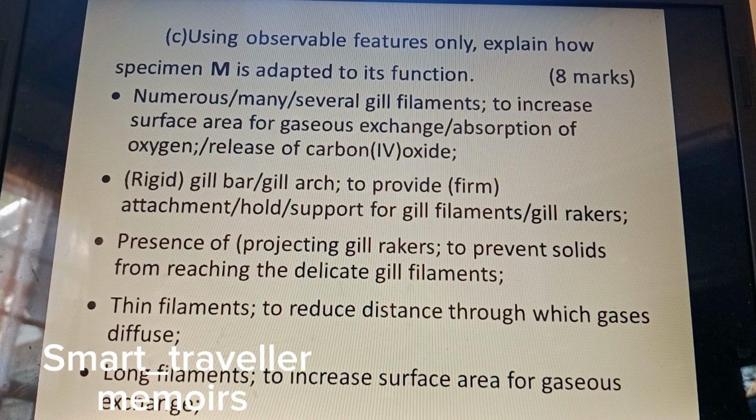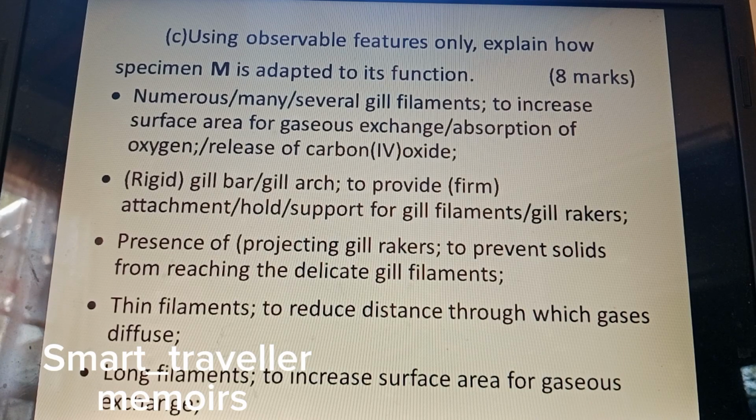Numerous gill filaments to increase surface area for gaseous exchange, or numerous gill filaments to increase surface area for absorption of oxygen, or numerous gill filaments to increase surface area for release of carbon dioxide.